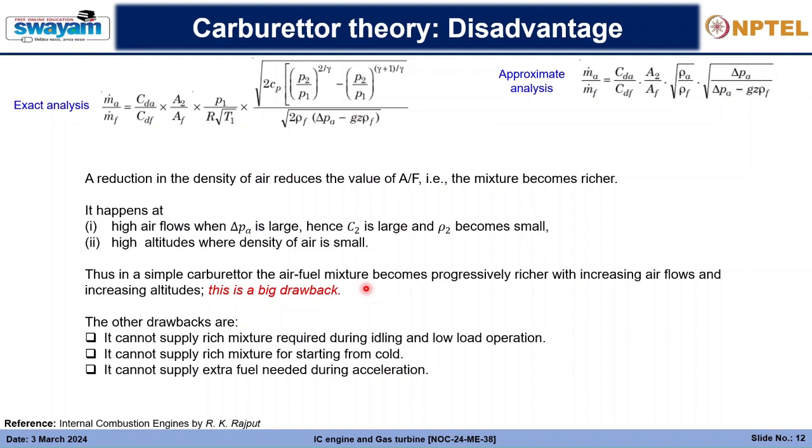The other drawback is that it cannot supply the rich mixture required during idling and low load operation. With the help of an idling system, main metering system, or the power system, we can accommodate for these drawbacks. So the drawback that the simple carburetor cannot supply rich mixture during idling or low load operation can be overcome.